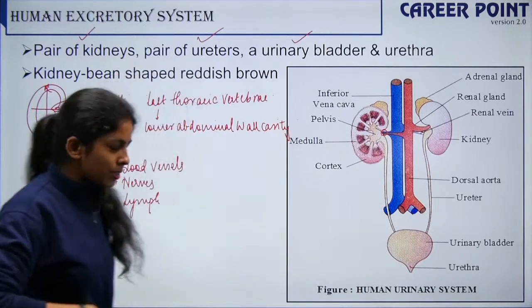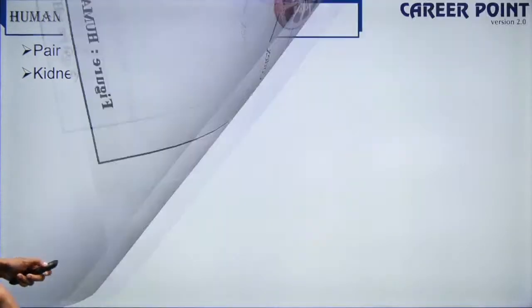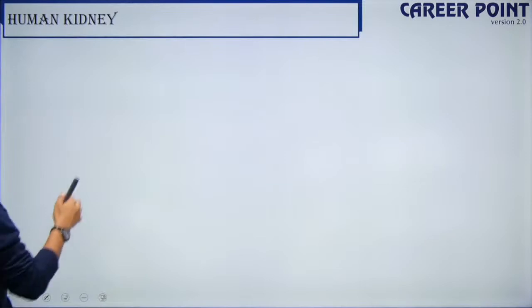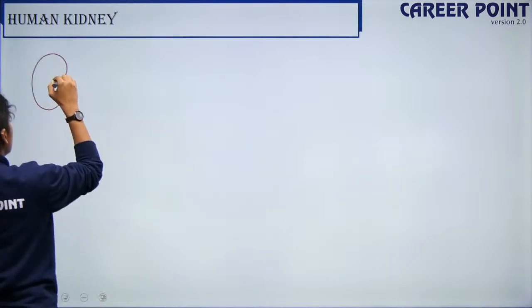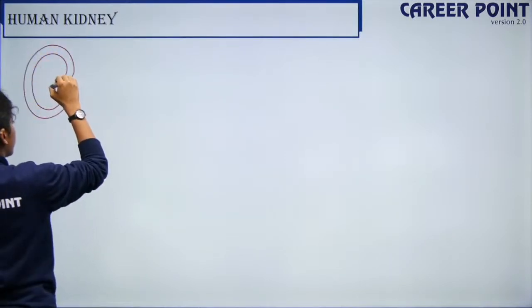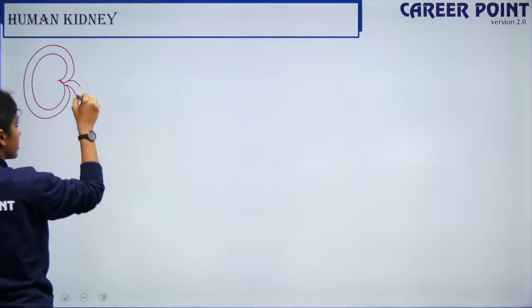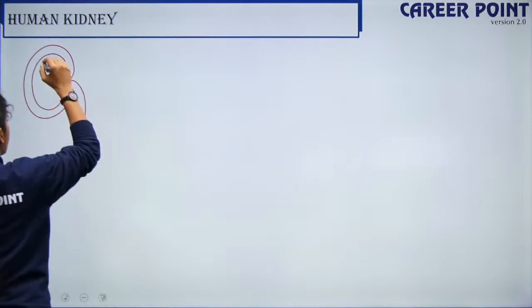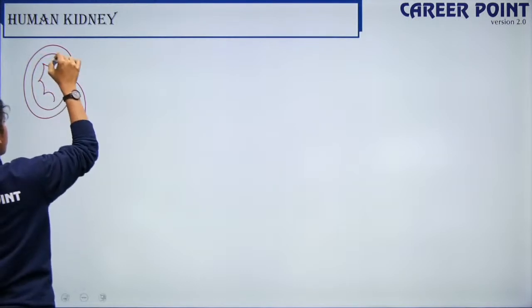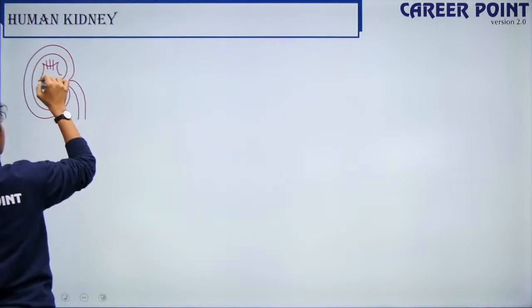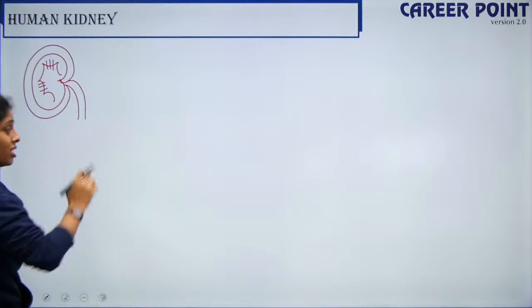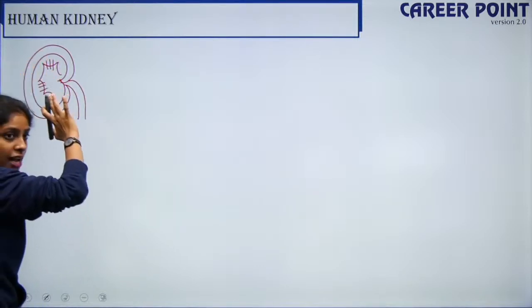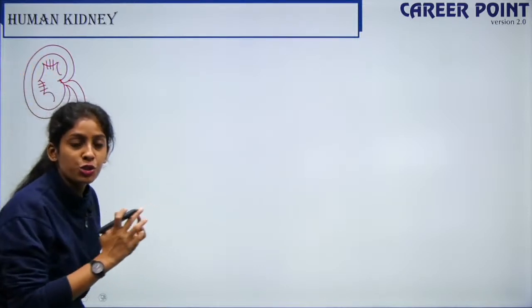So now let's move further. Your kidney is like this. We agree it is covered like this and it has an opening like this. Right? And inner to this, we have the renal pelvis and the calyces like this. Fine. Now the inner surface of the kidney is divided into two regions.